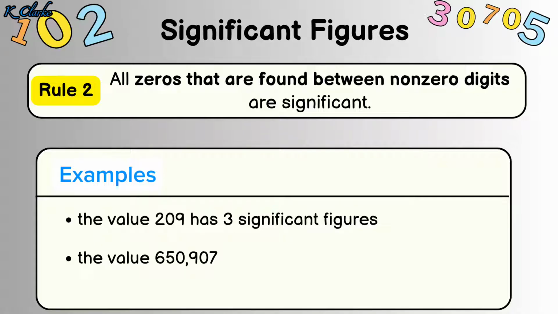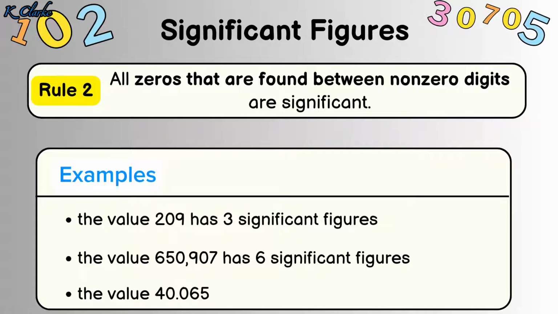The value 650,907 has 6 significant figures. The value 40.065 has 5 significant figures.